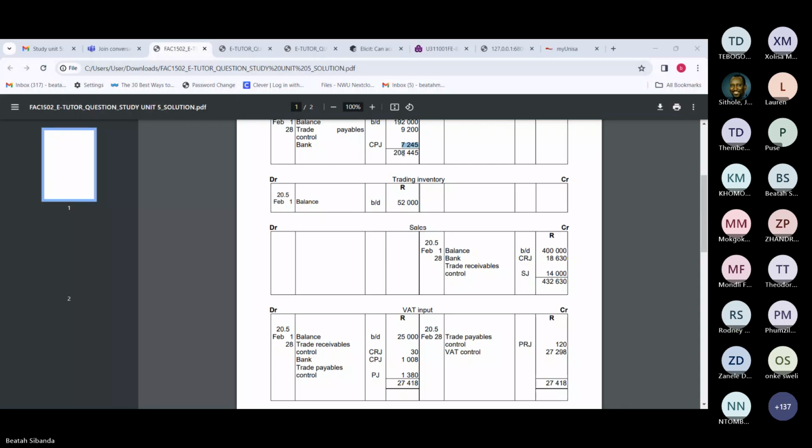Yes, Doctor. I'm just a little bit puzzled why you are using the word bank instead of purchases. Remember, when we purchased, we purchased out of the bank account. Out of the bank account, we took out 7,245 plus 1,008, and we purchased. So now when we record, we allocate to the responsible accounts.